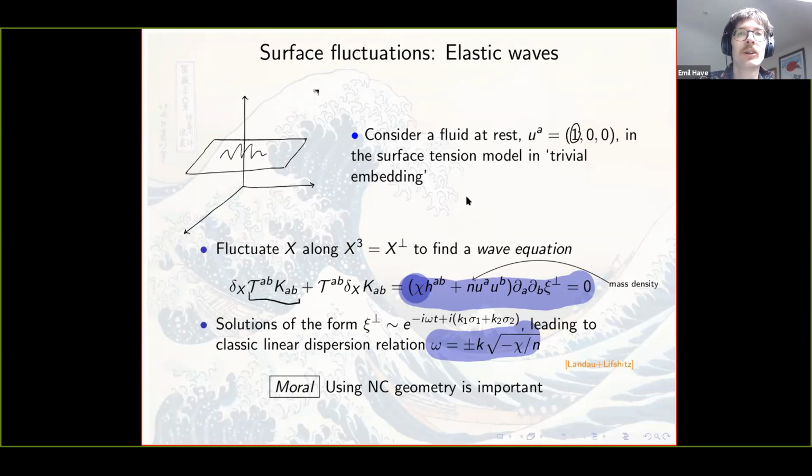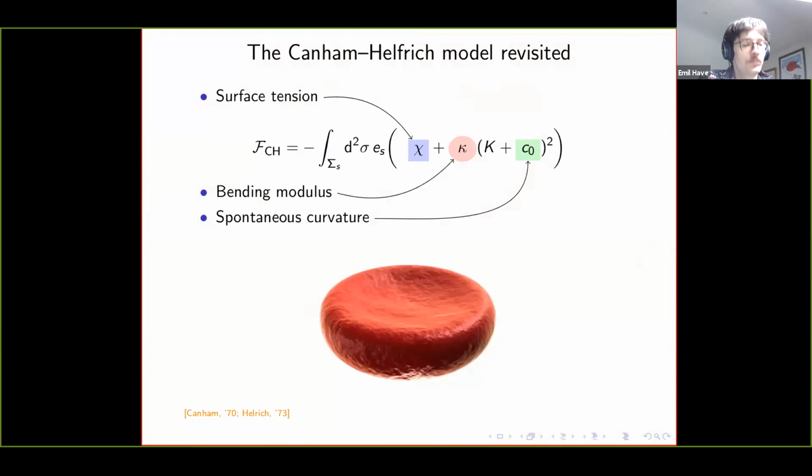And this is only possible because we used a Newton-Cartan formalism. At least, you can get it in other ways, but geometrically this shows us the power of using this fully covariant method.